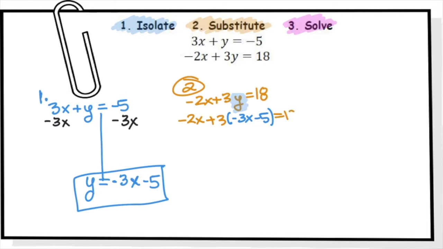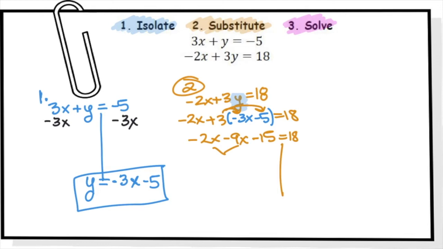equals 18. So now we're going to do negative 2x, and 3 times negative 3 is negative 9x. 3 times negative 5 is negative 15, equals 18. So now I'm going to continue with my equation.